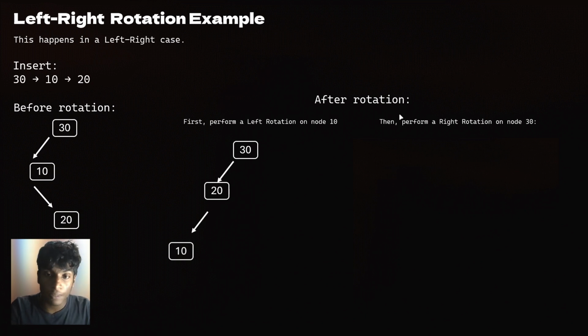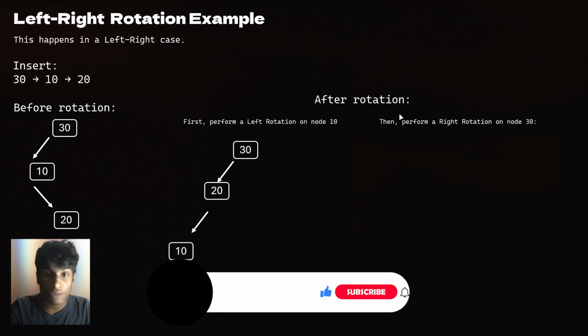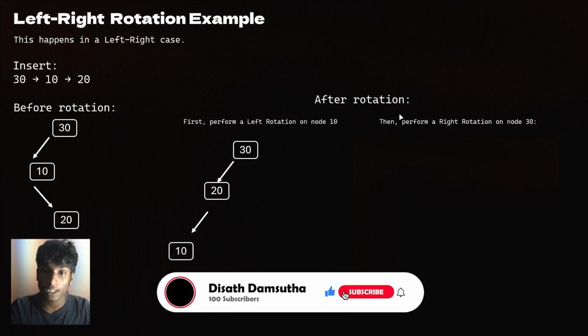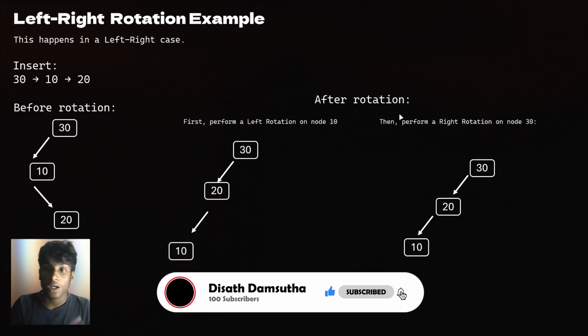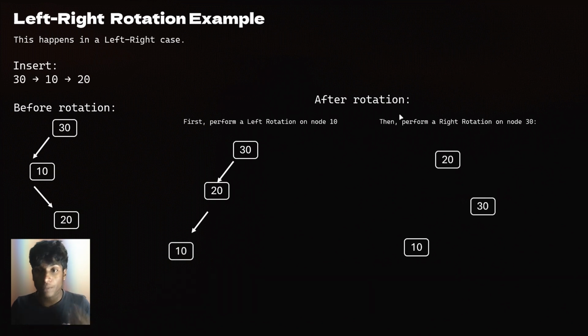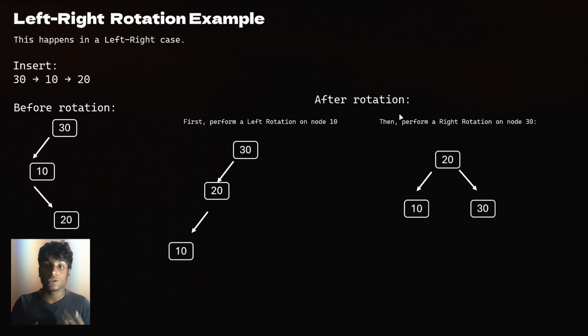After that, the tree becomes a straight line. So next, we perform a right rotation on node 30, which makes 20 the new root, and finally 10 becomes the left child and 30 becomes the right child. Now the tree is balanced again with 20 as the root.